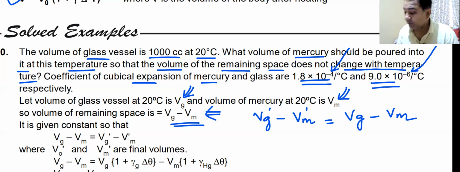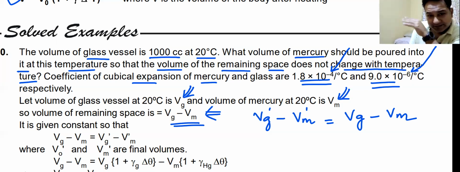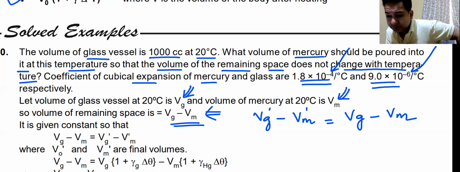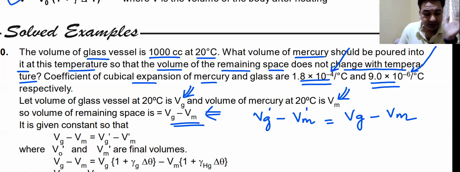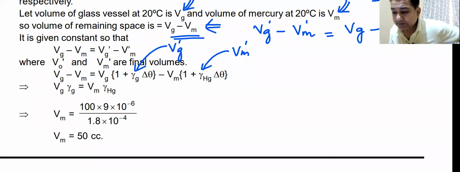So how do you go about doing it? You put the value of Vg dash, which is here. You put the value of Vm dash, which is here. What will happen is Vg on this side and Vg on that side will cancel. Vm on this side and Vm on the other side will also cancel.